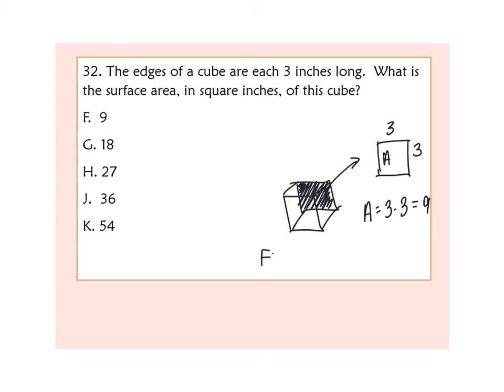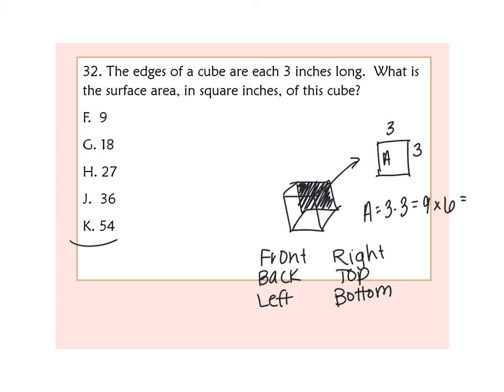Front. There's a back. There's a left side. There's a right side. There's a top. There's a bottom. So I have 6 of these squares exactly. So that would just be 9 times 6. 9 times 6 is 54.